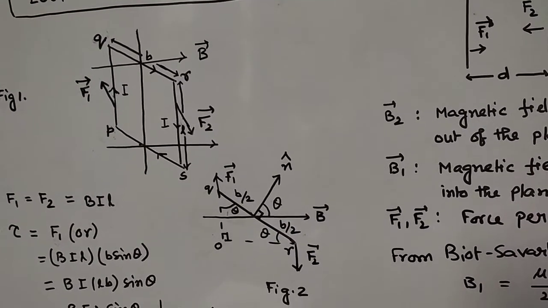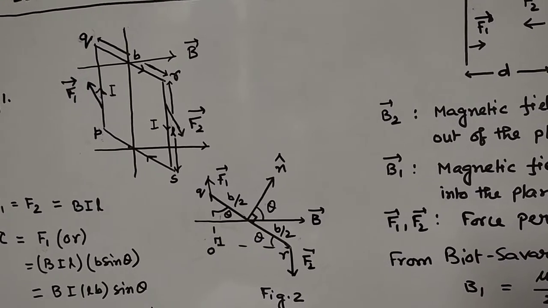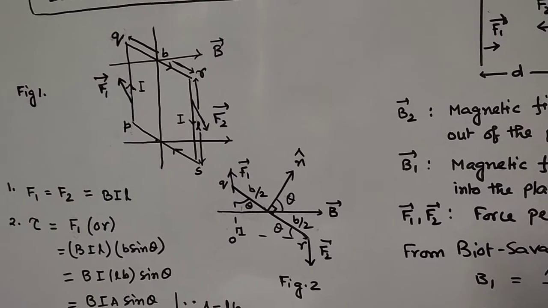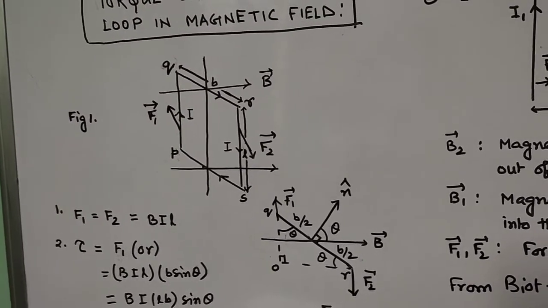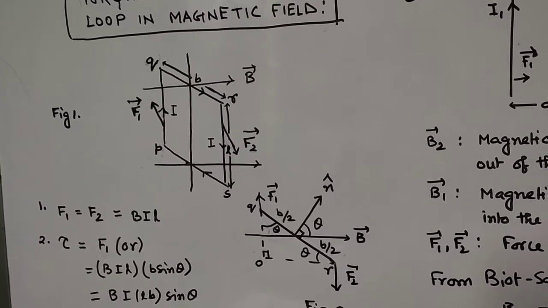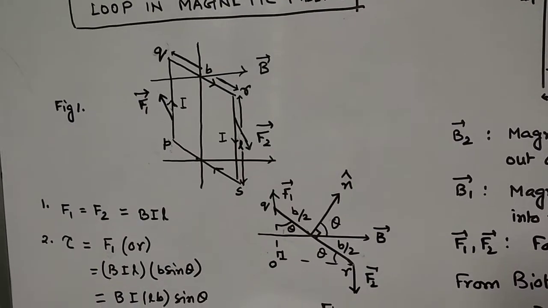If you see the simple geometry, in the right angle triangle, the two angles are theta. Now the forces, as per expression number 1, F1 and F2 are identical, that is BIL, as we have defined in our previous classes.